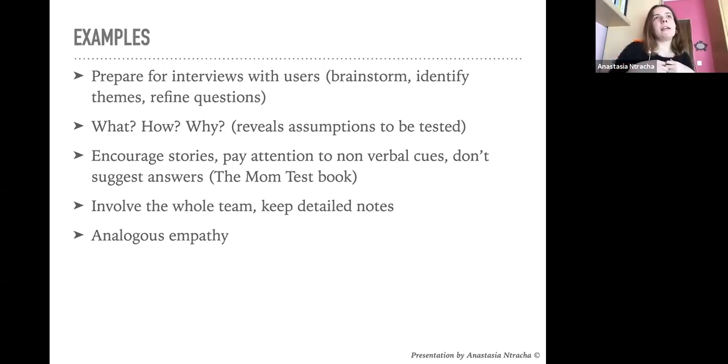So for instance, if we didn't find enough parents, we perhaps could talk to grandparents, or we perhaps could talk to people who work at baby care facilities, and as an extra step, perhaps pet owners, and what they do when they want to know what their dog or cat is barking or meowing. So analogous empathy is used also to find some patterns in similar target groups.